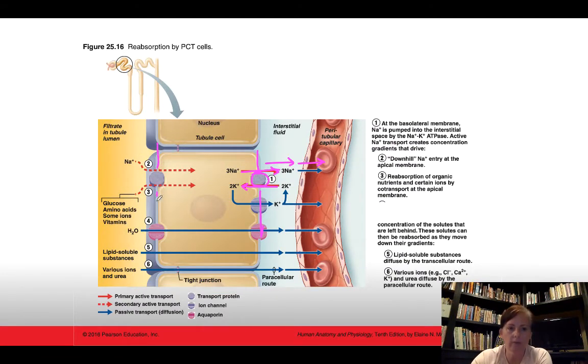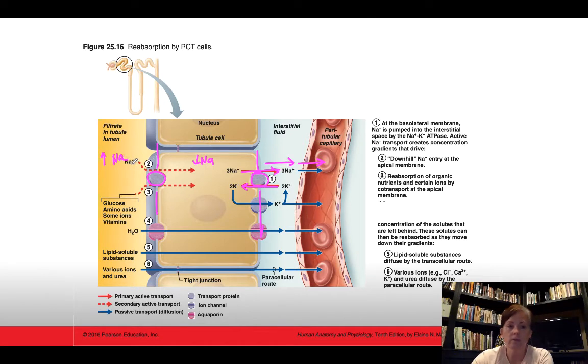Here's our apical membrane. This is a transport protein that's embedded in that plasma membrane. And because we're pumping out sodium as a result of our sodium-potassium pump, at this point we have decreased sodium concentration inside the cell and increased sodium concentration in our filtrate.